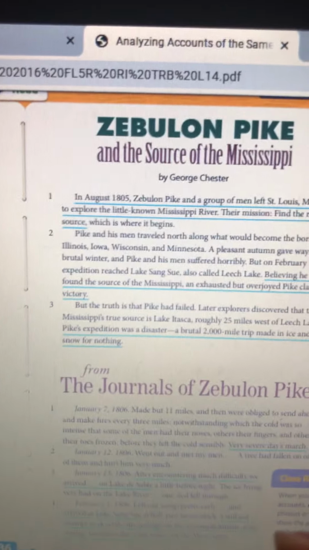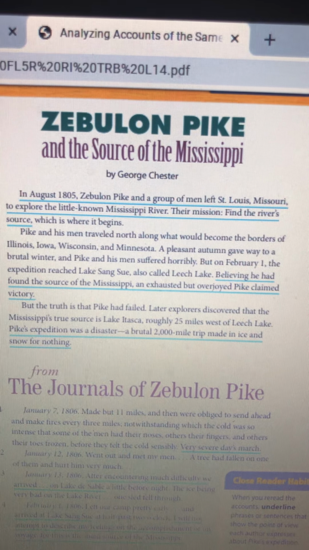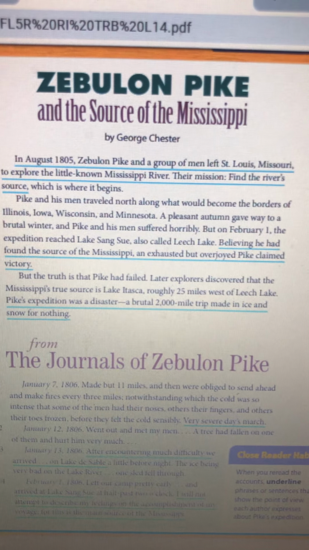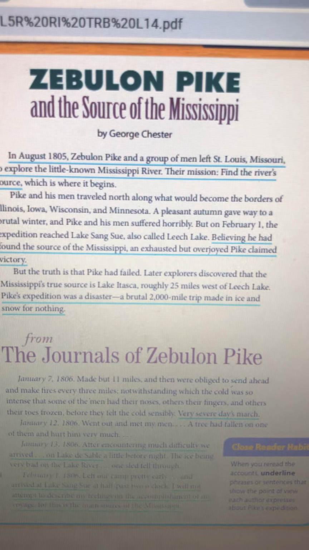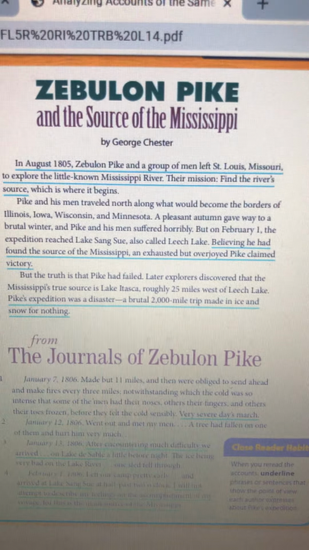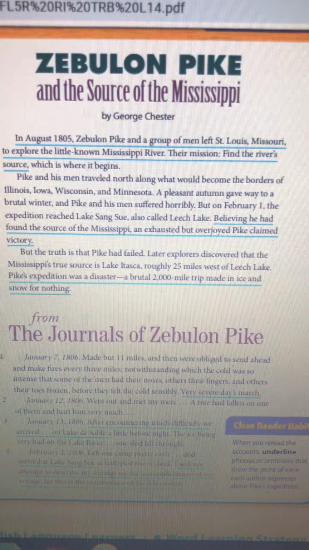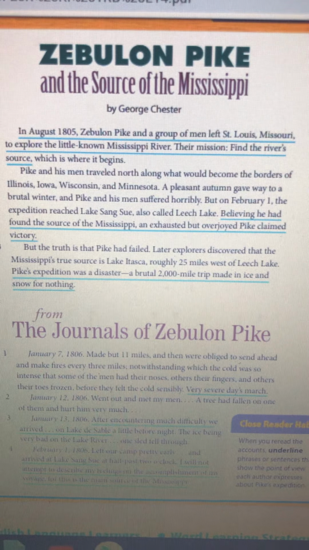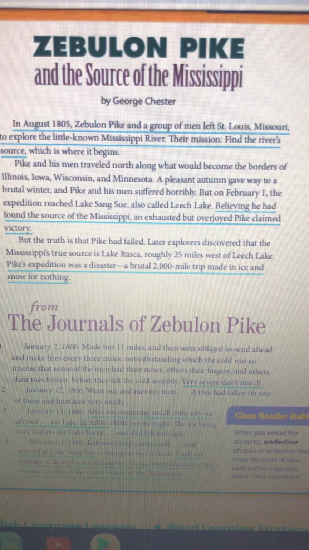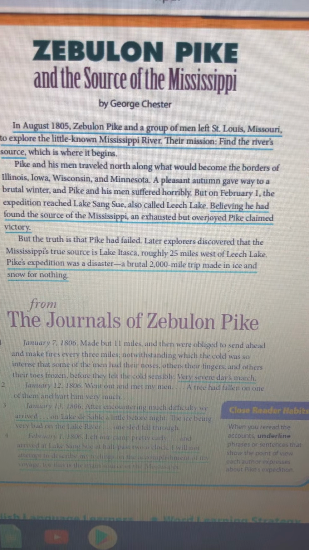Also, the point of view: believing he had found the source of the Mississippi, an exhausted but overjoyed Pike claimed victory. Okay, so that tells you his thoughts, how he felt. His thought was that he found the source of the Mississippi. He felt exhausted but overjoyed.